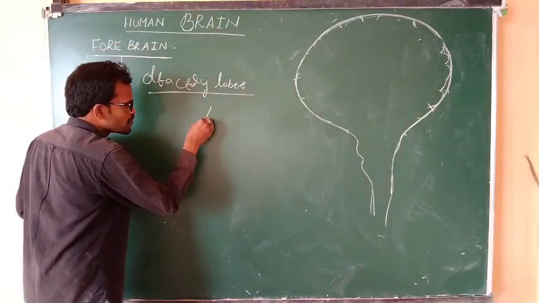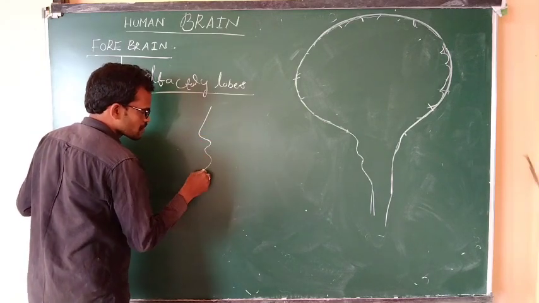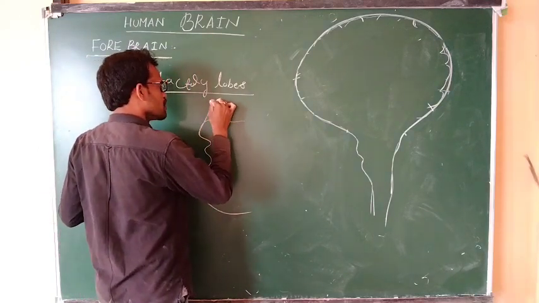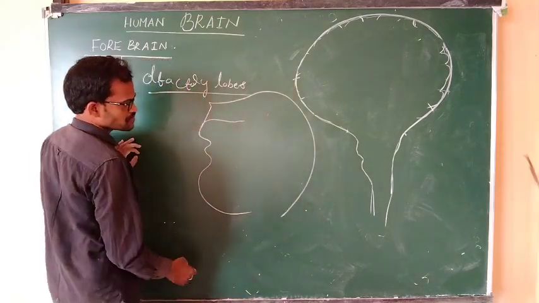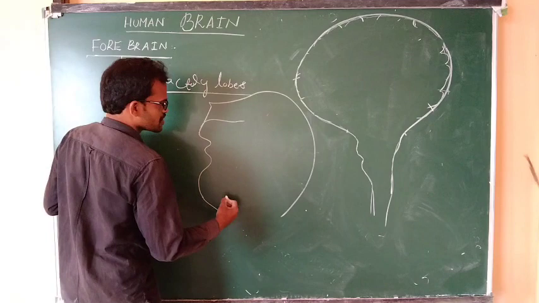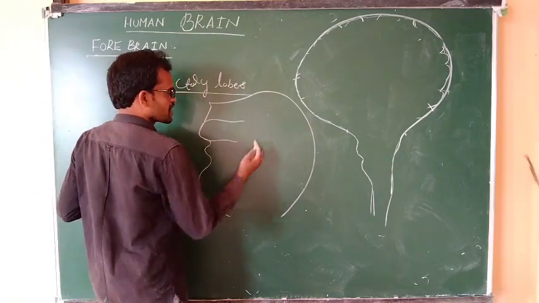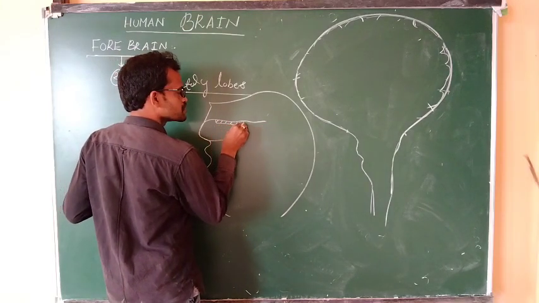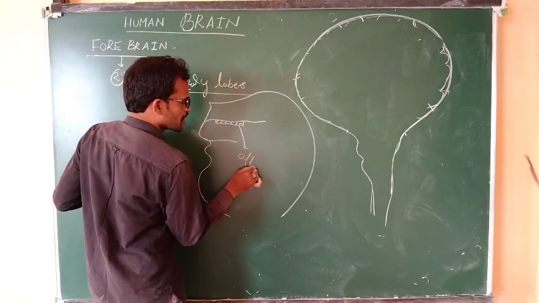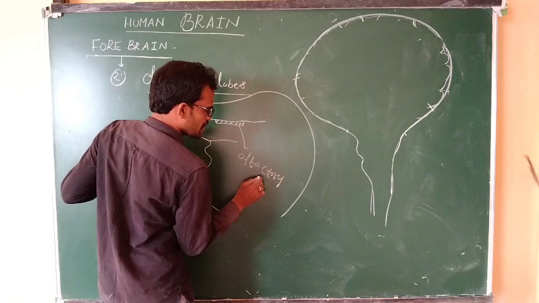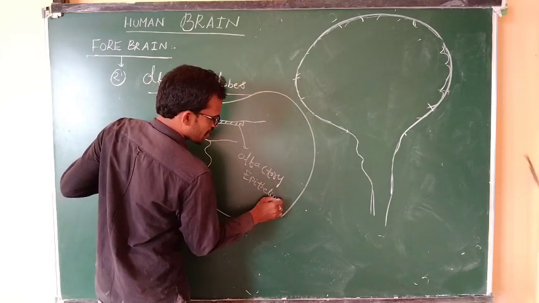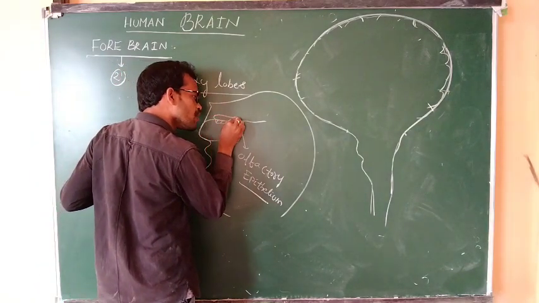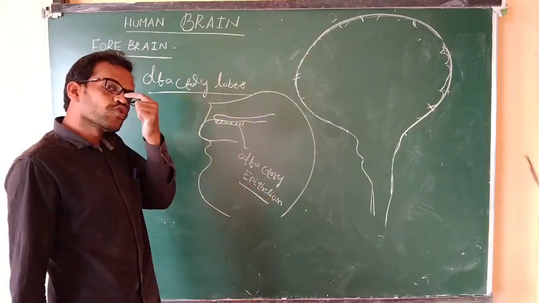If you observe here, this is the olfactory epithelium. It lies on the roof of the nose.